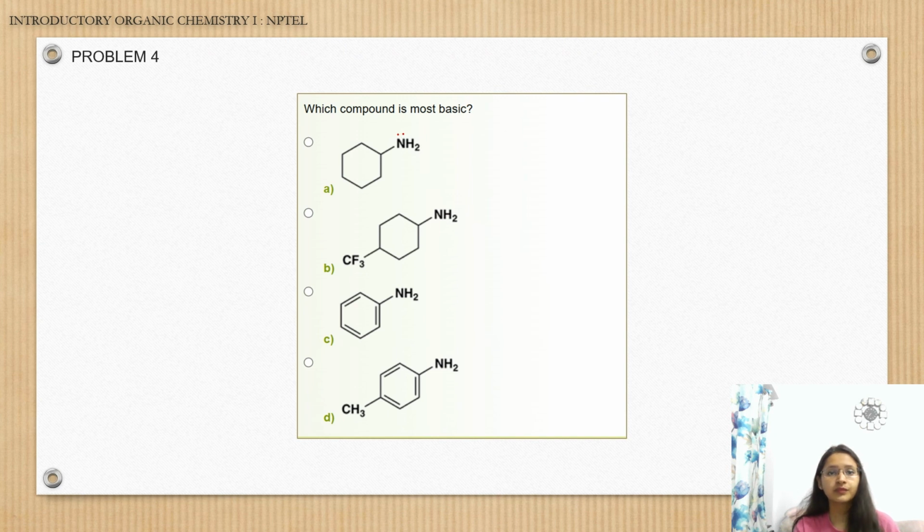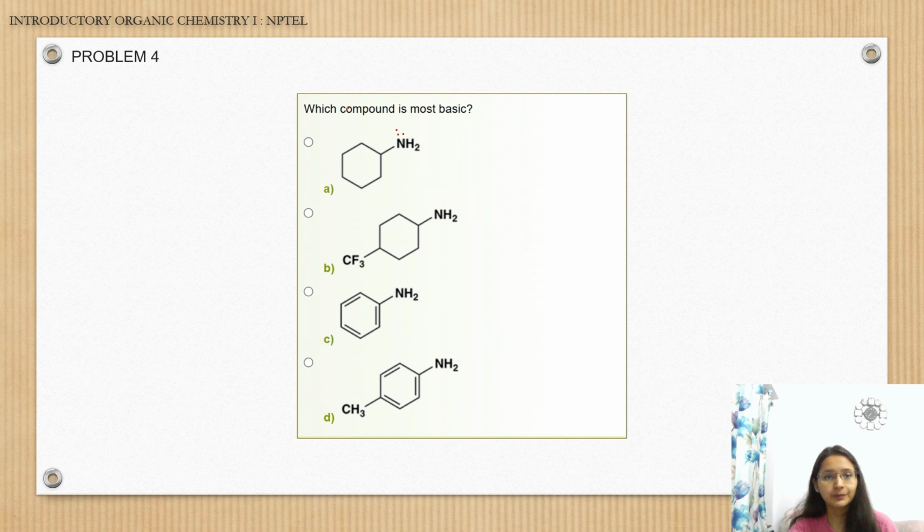So basicity depends on how readily the nitrogen lone pair is donated to other species. You have to see how readily this nitrogen lone pair is available for an electrophile to attack. This is how you have to see.